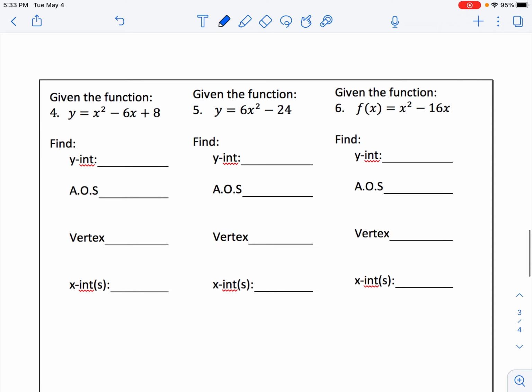Okay, so now let's work on finding those things without the graph, just from the equation. So we use the equation y equals ax squared plus bx plus c. We use that standard form of a quadratic to find these things.